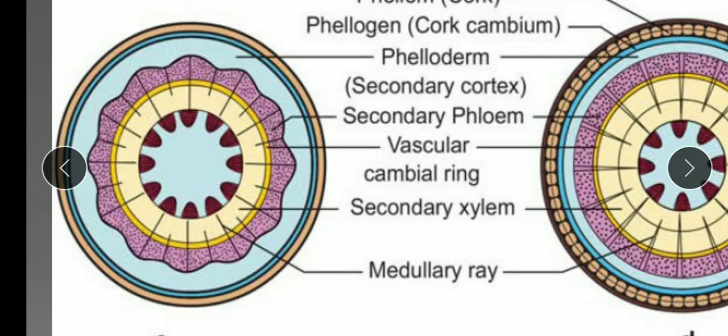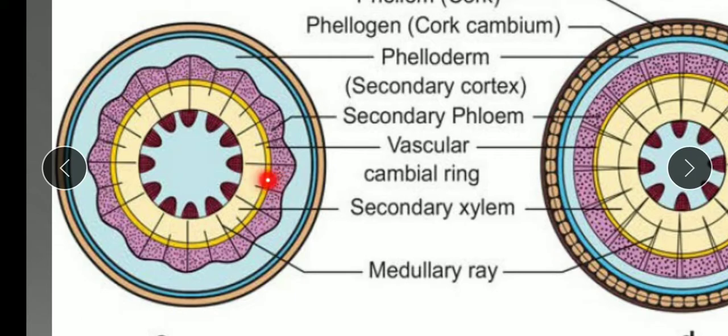Due to the pressure exerted by the continuous growth of the cambium ring, the secondary phloem and the primary phloem are pushed towards the endodermis. You can see here this is the secondary phloem, and below it the primary phloem is there. Due to the continuous growth of this tissue, pressure is exerted, and the secondary xylem is also developing.